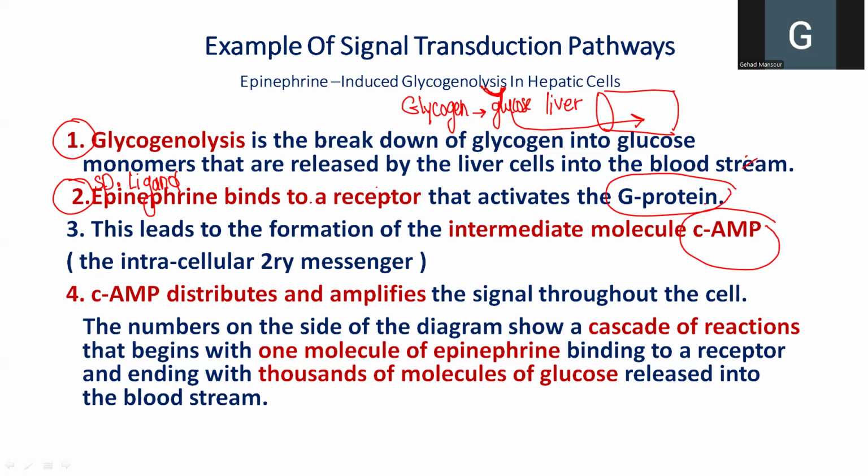Cyclic AMP will amplify the signal through the cell. It will distribute the signal, and from here comes the process of amplification.